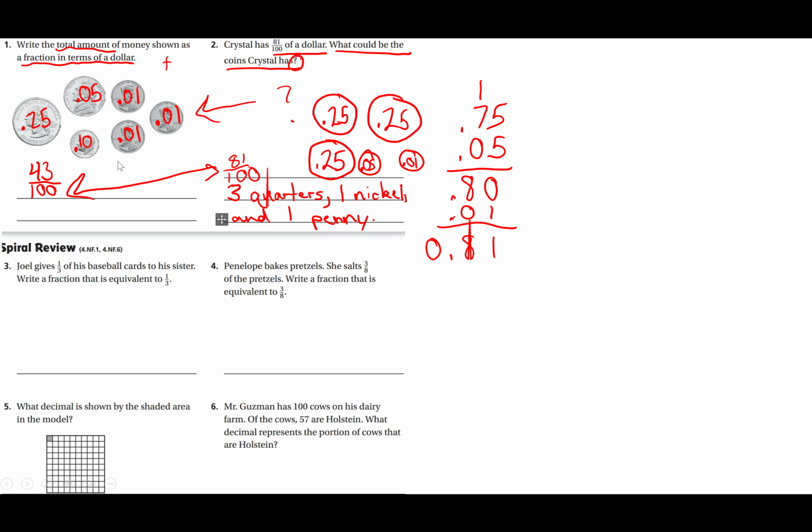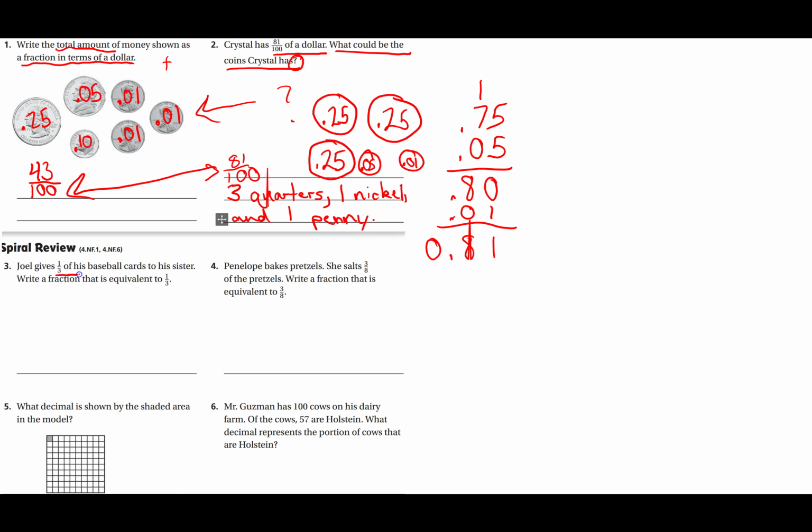Okay, or that's one way anyways. There's more than one correct answer. But that could be one possible way I could get 81 cents. I could also get 8 dimes and 1 penny, because 8 dimes would be 80 cents. 1 penny would be that additional 1 cent, so that'd be 81 cents. A lot of different ways I could do it. Okay, let's go on to number 3.